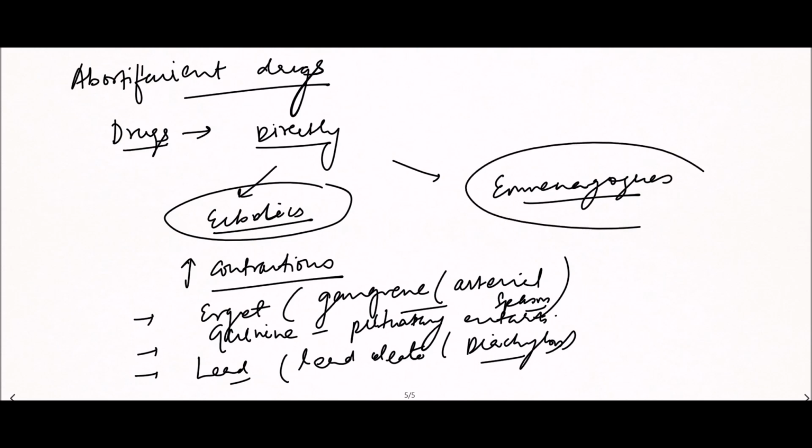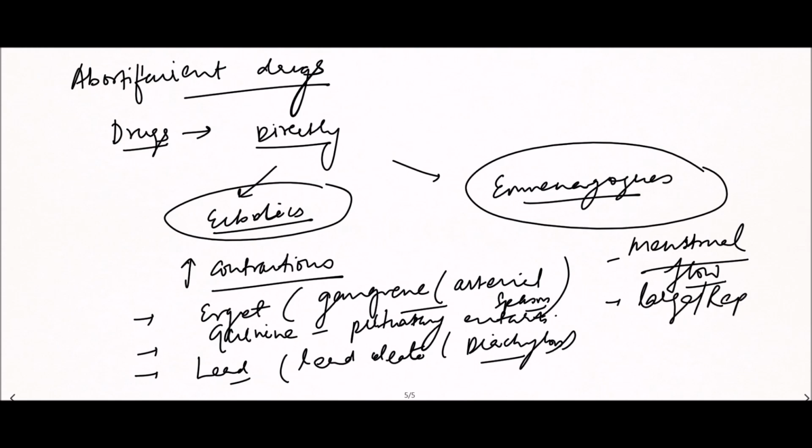Now the emmenagogues. Emmenagogues are the drugs which increase the menstrual flow, and they act as abortifacient when given in large and repeated doses. So large and repeated dose is required to induce criminal abortion.